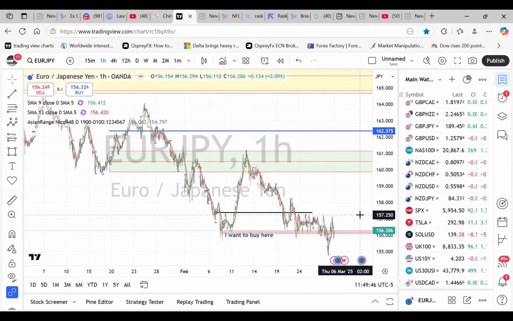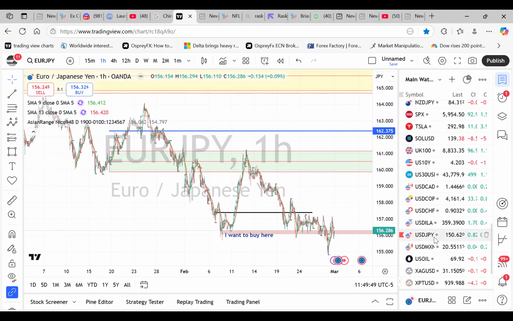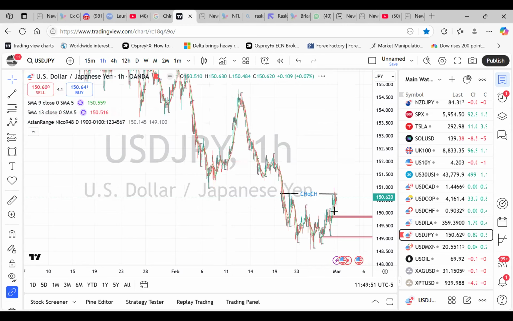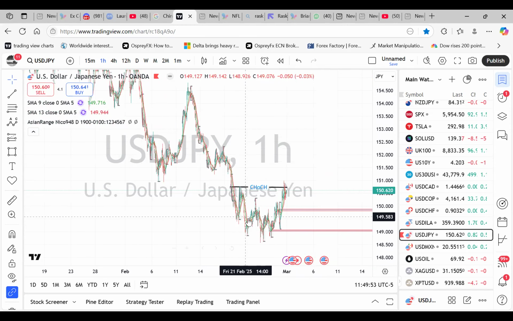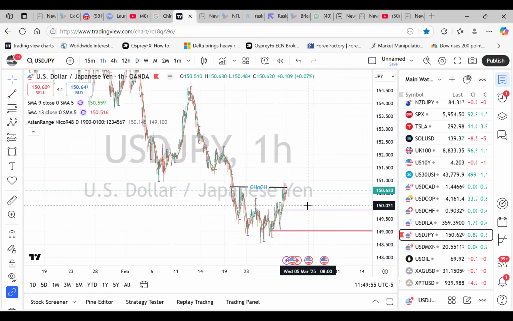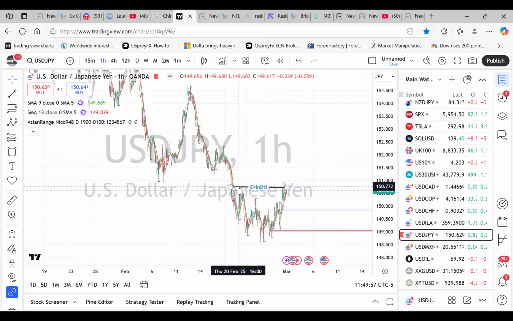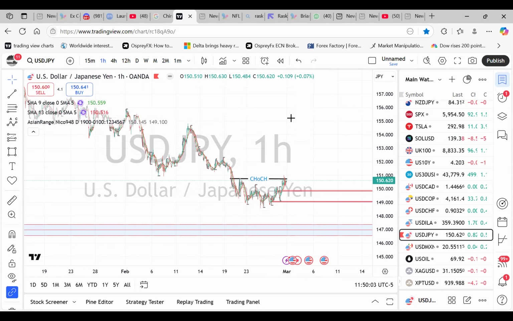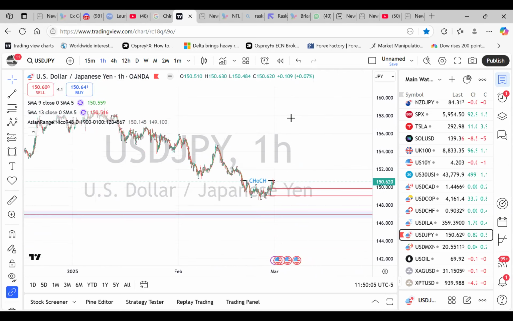If you're taking UJ, great Wyckoff setup, right? We just broke that high right there. Pull back, we're going north. So it's all the same setup. It's just whatever tool you're choosing to trade.